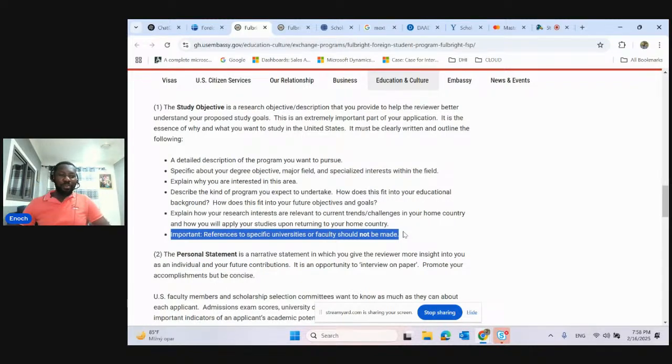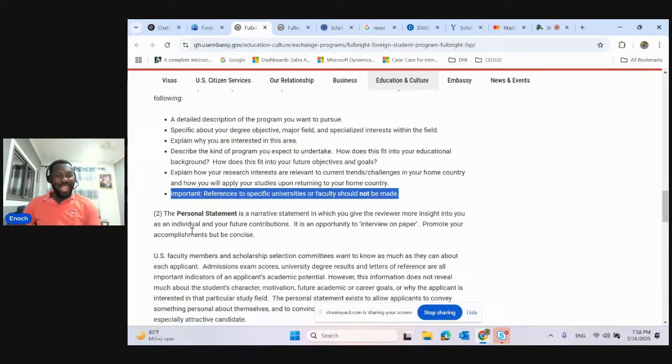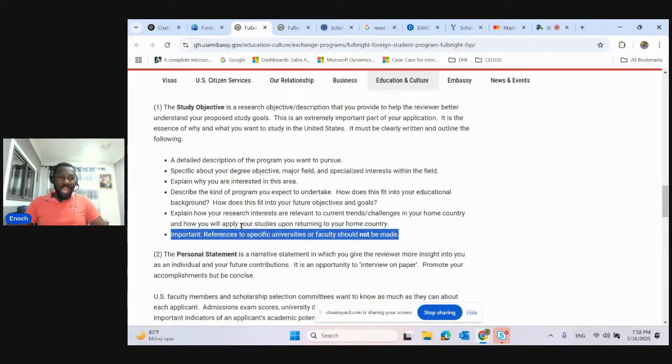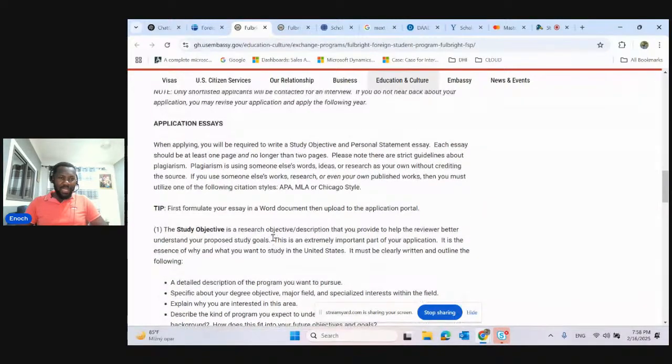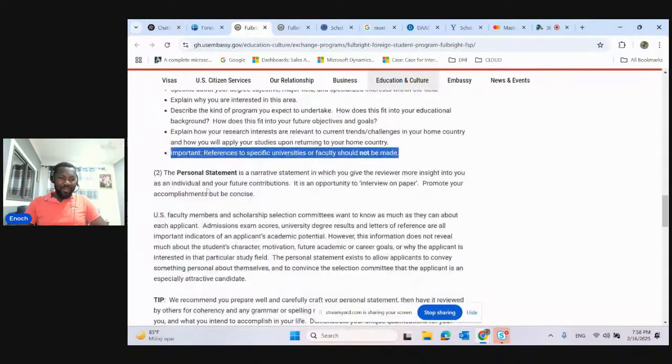All right. Now we have the personal statement aspect, and see how different this study objective is from the personal statement aspect. It's a narrative statement in which you give a reviewer more insight into you as an individual and your future contributions.